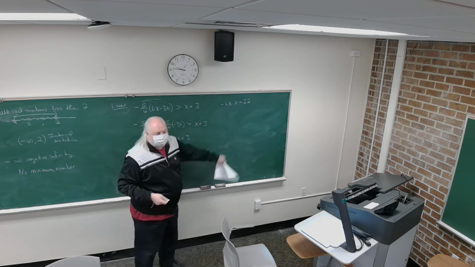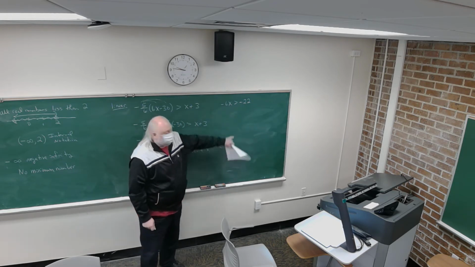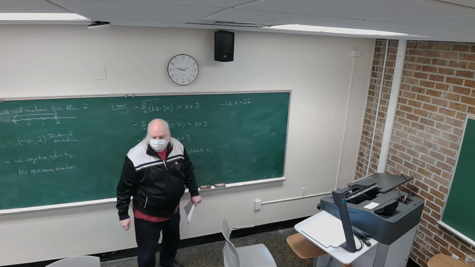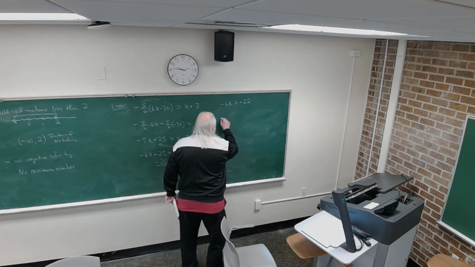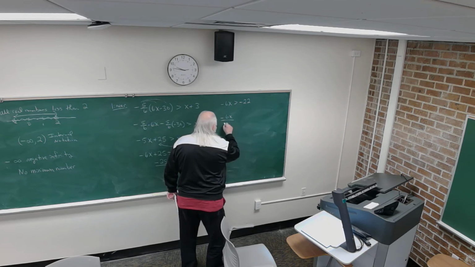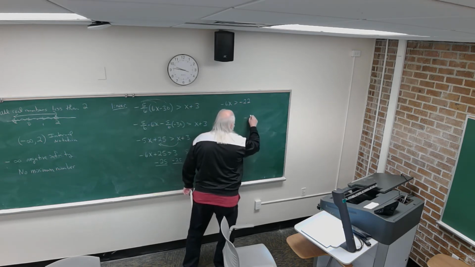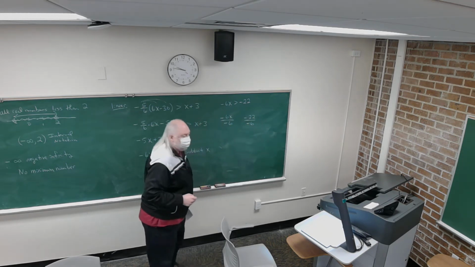And now to isolate the x on the left-hand side, I've got to divide both sides by negative 6, right? Division undoes multiplication. We have minus 6x divided by minus 6 on the left, and minus 22 divided by minus 6 on the right.